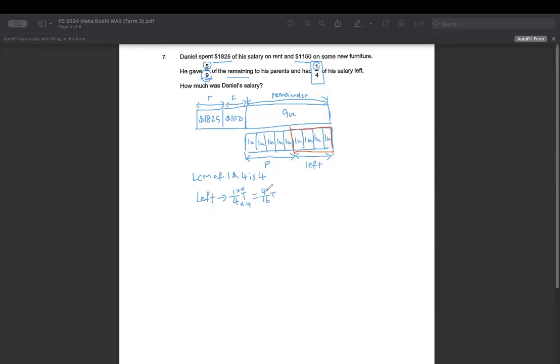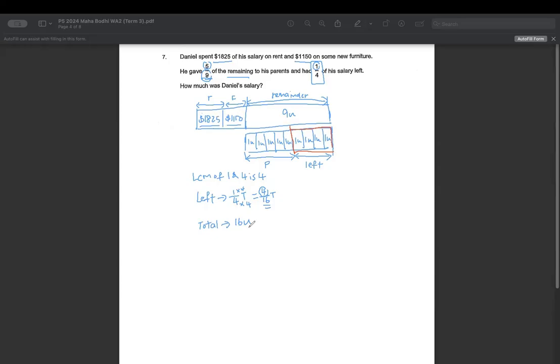Now I've matched. My left here is 4 units, and my left in the model is also 4 units. So with that, my new total will be 16 units. Let me write down here: total will be 16U. My values in the model are the numbers given here, and I have to find out how many units these two values represent.